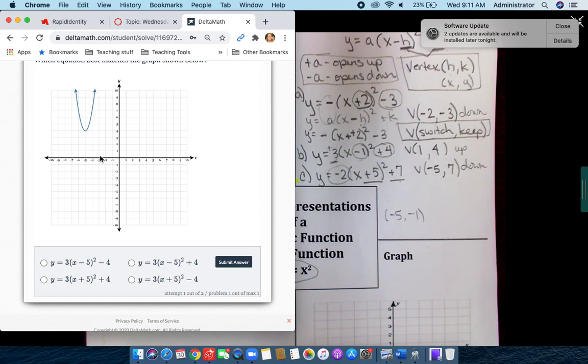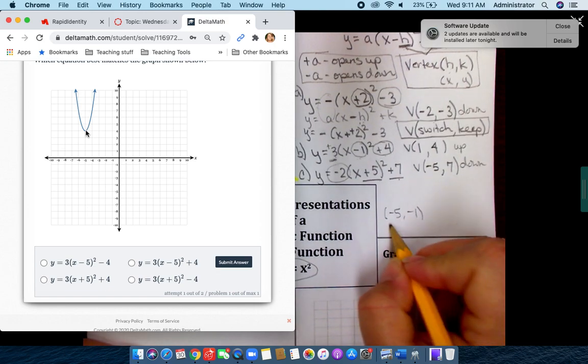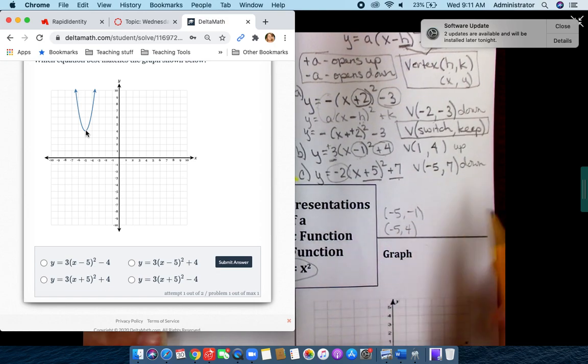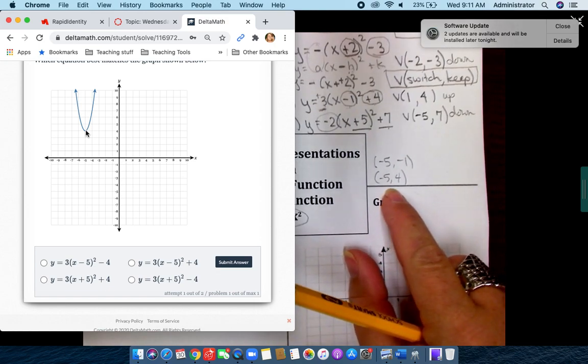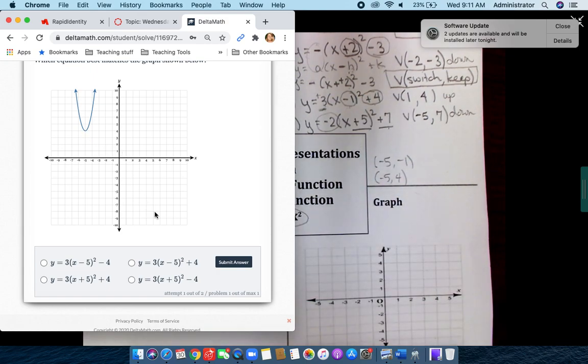So again, I can go -5, 4. And so again, if I have -5, 4, if you want to show work, that's what I would do. Probably just write down the vertex, -5, 4, and then look for the one that is switched. So I want to look for +5, +4. So +5, +4. Oh, it's that one. Okay. Again, you could just say, okay, here my vertex is switch, keep.